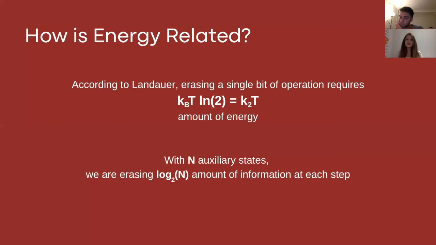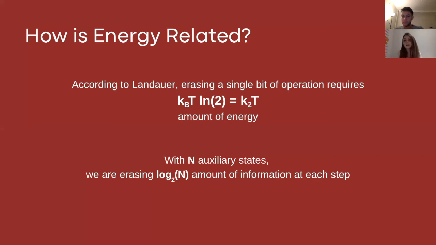Now, the question is how the energy complexity relates to the model we are using. According to Landauer, raising a single bit of information requires at least the amount of energy shown here. As we remember, a quantum finite automata with n auxiliary states raises log n bits of information at each computational step when we set our classical state to the observed auxiliary state.